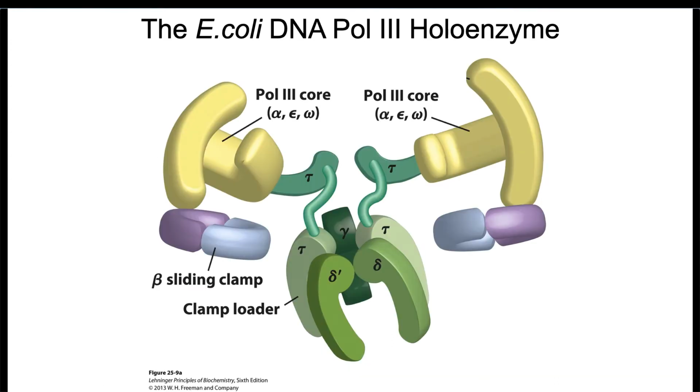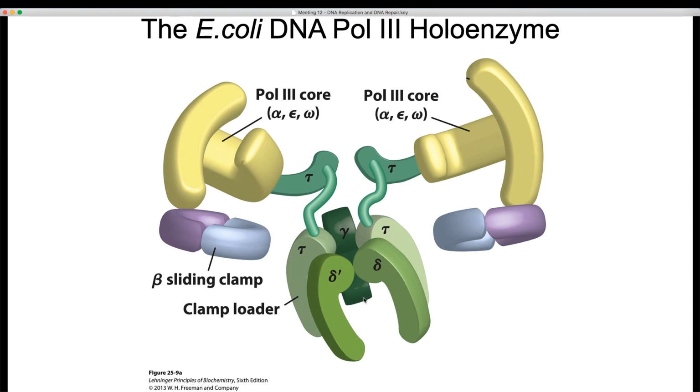Now, the DNA polymerase 3 within prokaryotes, specifically E. coli, exists in a fairly large complex where we have actually 2 DNA polymerases here, one that's going to be synthesizing the leading strand, one that's going to be synthesizing the lagging strand. And they are connected to a common clamp loader.